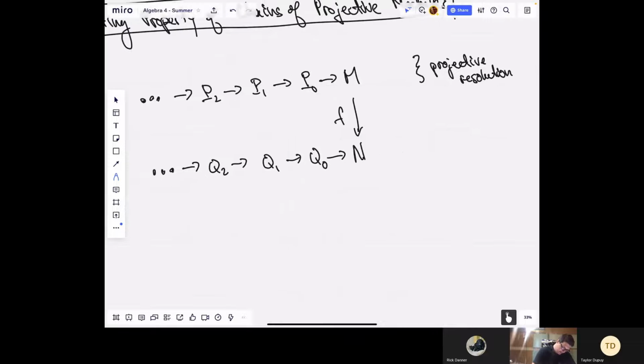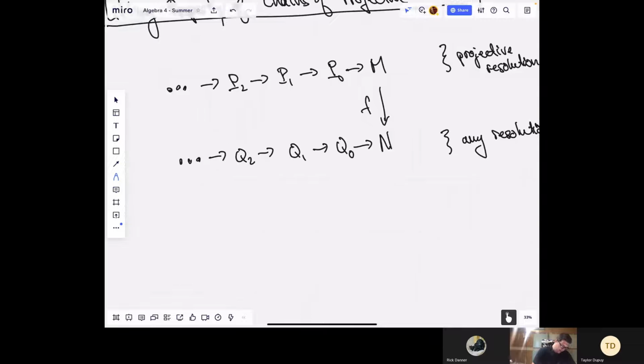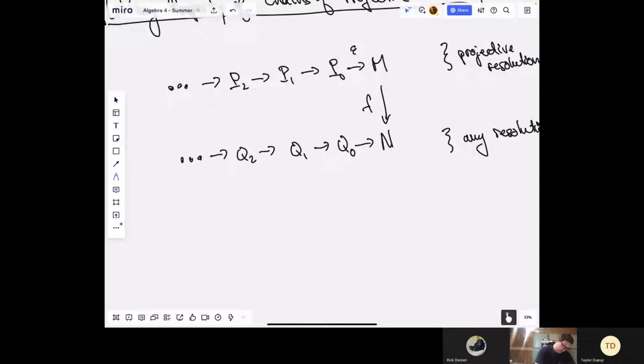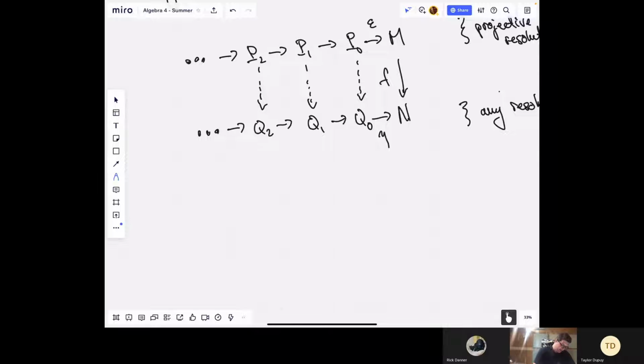So this is any resolution. Right? What happens is that, using the property, let's call this one epsilon, and this one eta. So I can extend this map like this. So I can extend this to a cochain map, right? So we can extend this situation.